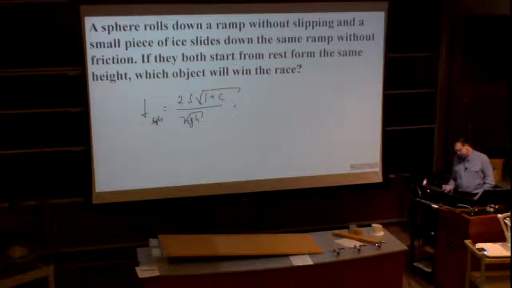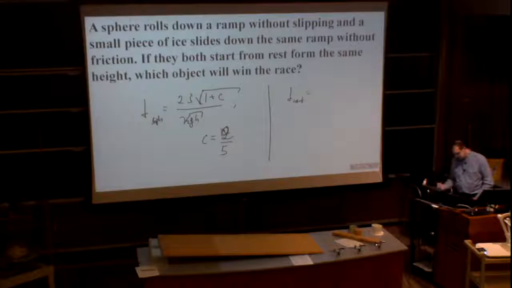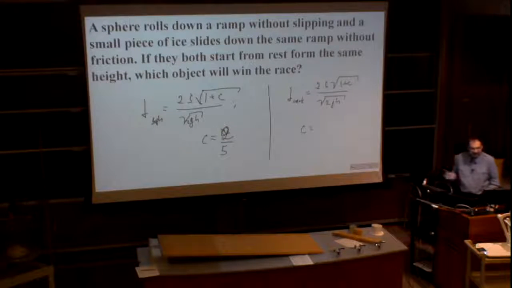So the question, what do you think should I write as a form factor for the sphere? 2/5. The equation for the cart should be the same. But what should I write as a form factor for the cart if it doesn't roll at all?